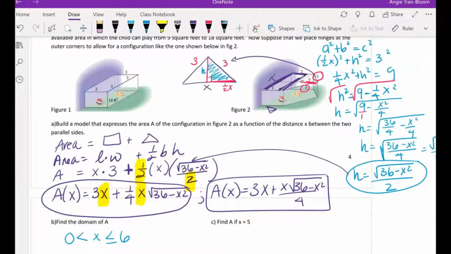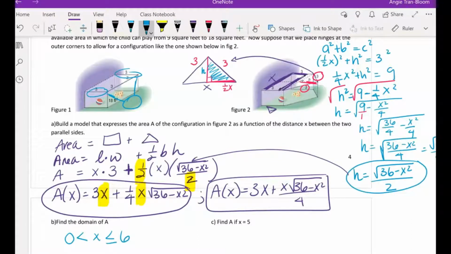Because if you don't move these two sides in, this right here will not connect. There's no way that you can make the slanted side of 3, because it's still just 3. So this is 3. If you don't move it inward, then this right here will not connect, and that's not going to make your figure 2 playpen. So that's why you have to move it in a little bit.